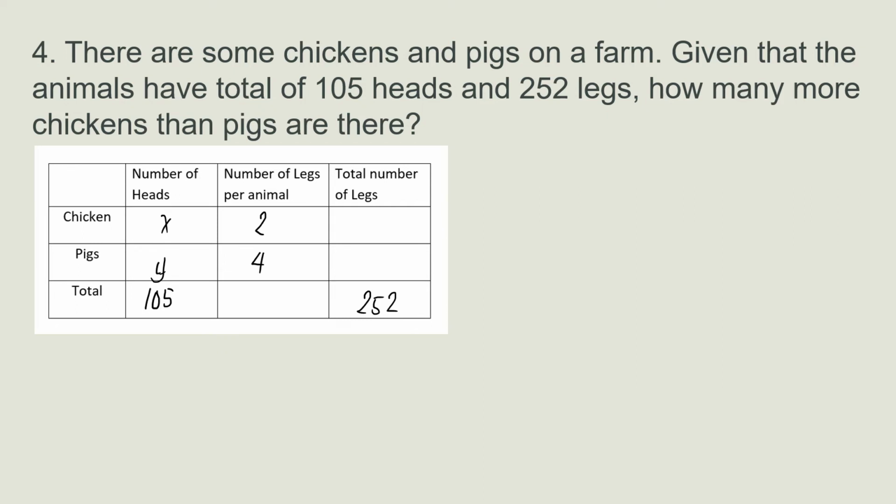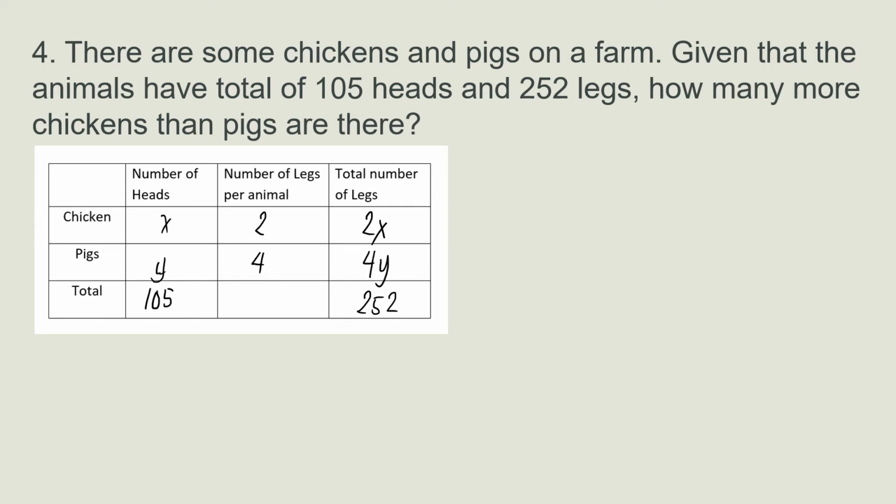If you want to know the total number of legs, just multiply the number of animals times the number of legs per animal. So this one will be 2x, and for pigs, y times 4 is 4y.